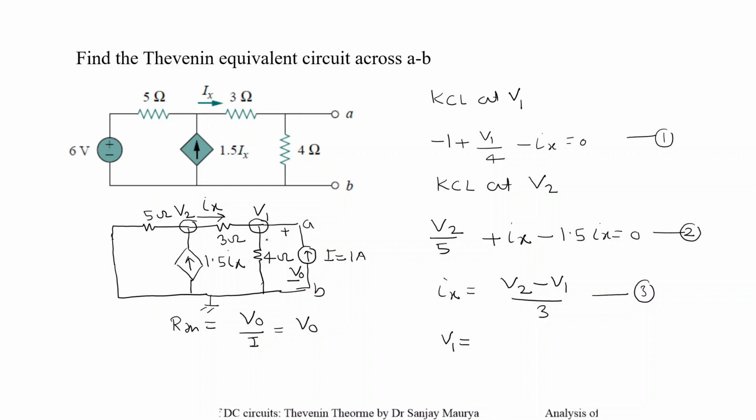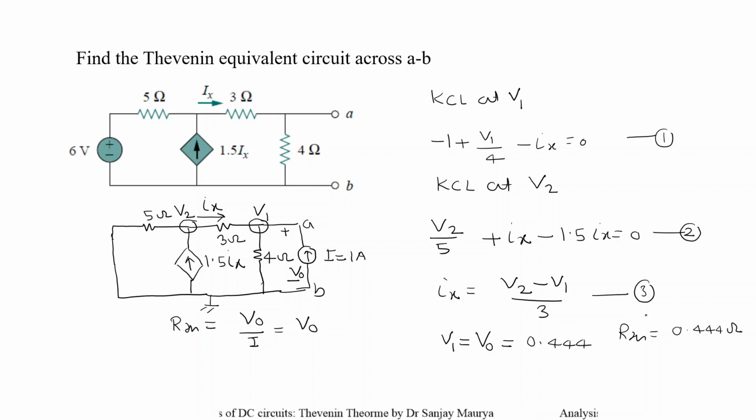This V1 value will be nothing but equal to the voltage V0. So after solving this one, I'll get V0 is equal to 0.444. So RTH I can find by just dividing by 1, I'll get 0.444.